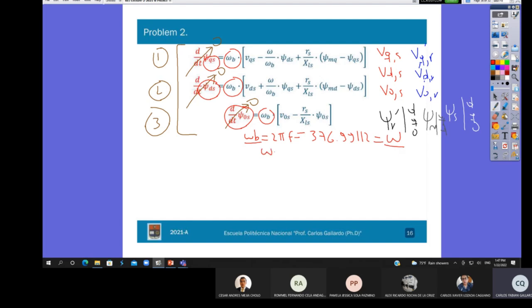And besides, I will need the rotor speed. So the rotor speed from the previous calculation we know is 414.636439.